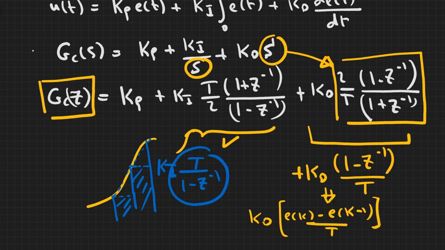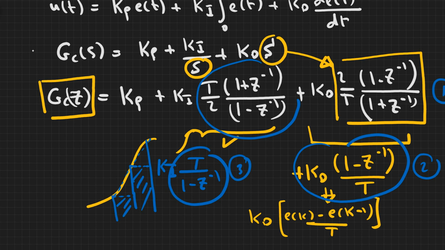So there is really a lot of flexibility here. You can use this transfer function, that is one option, or you can replace the derivative with this part, that's another option. You can also replace the integral with this one, that's a third option. You can use those two together, that's a fourth option.